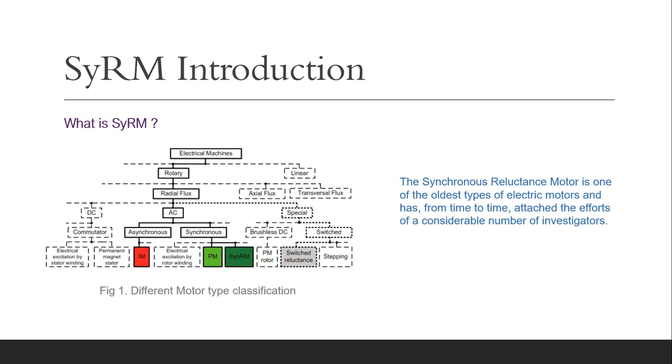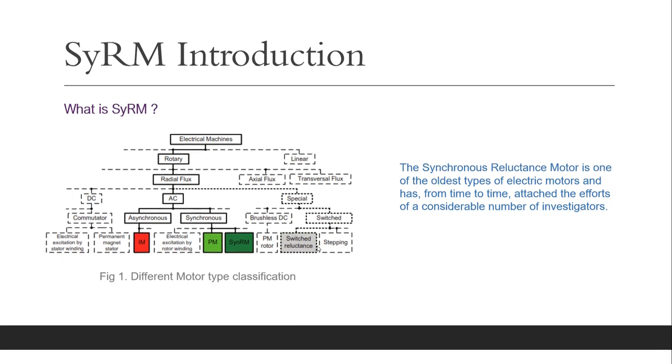For example, for DC motor, we have the permanent magnet stator, and for AC motor, we have the induction machine, which is an asynchronous machine, and the synchronous machine. Our machine, the synchronous reluctant motor, is a kind of synchronous machine. And for the linear motor, we have the axial flux and circumferential flux machines. And we have special machines such as the flux DC motor, or the switched reluctant or stepping motor.